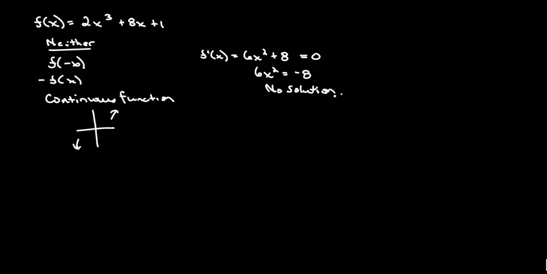So it looks as though there are no critical values for that. And you can go ahead and just check using a graphing utility just to make sure that it looks like there aren't any critical values.